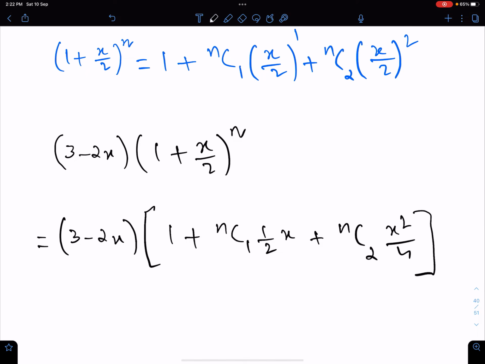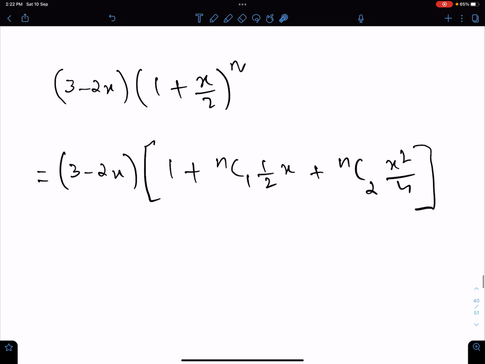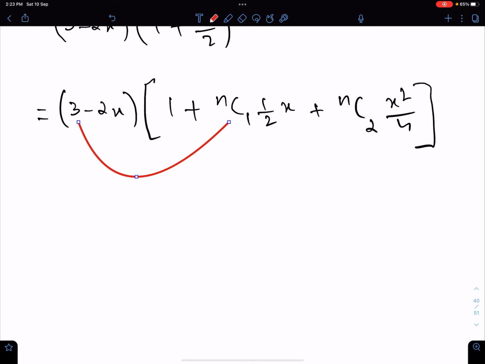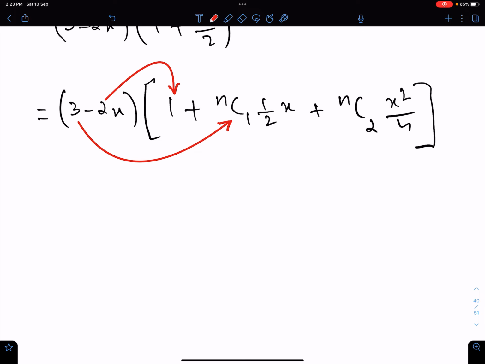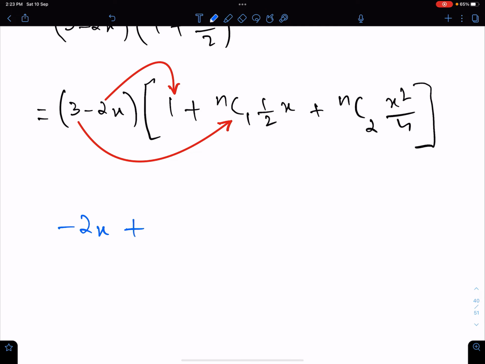Since the coefficient of x is given, which is 7, just get the terms which contain x from this expansion. So for x you should multiply minus 2x with this and 3 with this. Multiply 3 with this to get the term in x and negative 2x with this. So minus 2x plus 3 nC1 1 upon 2 x.